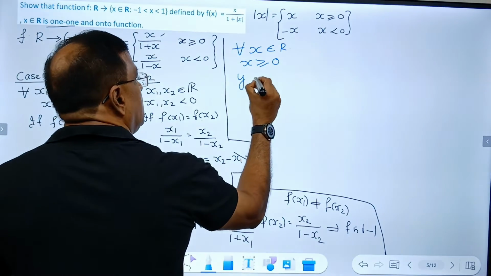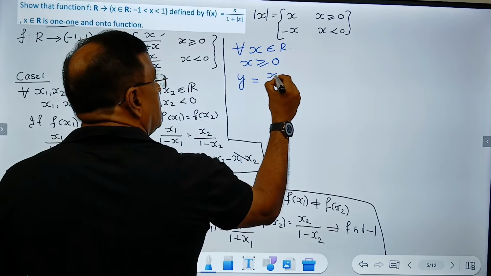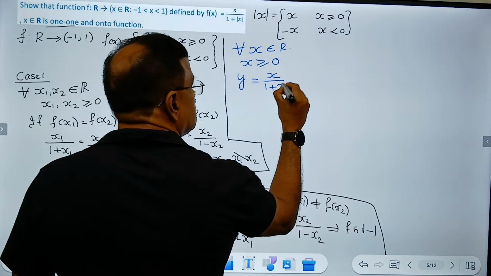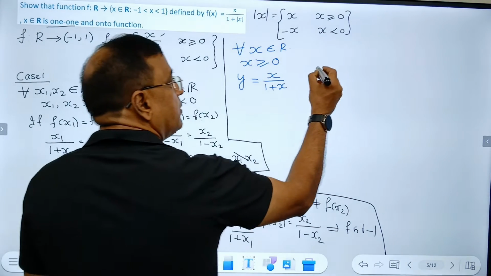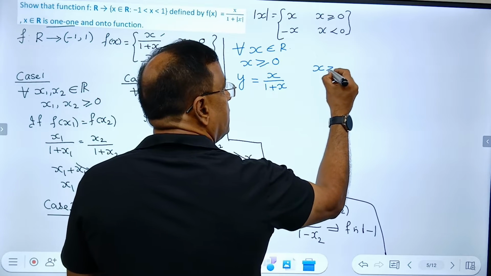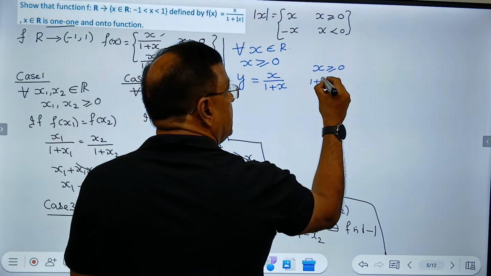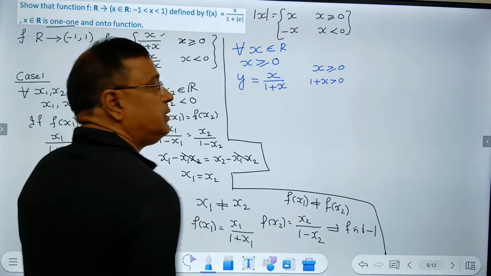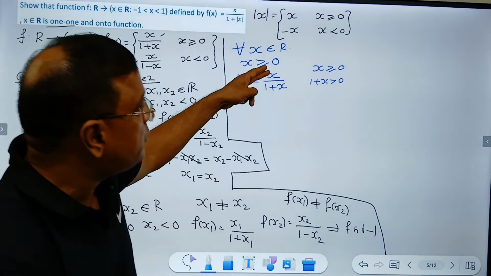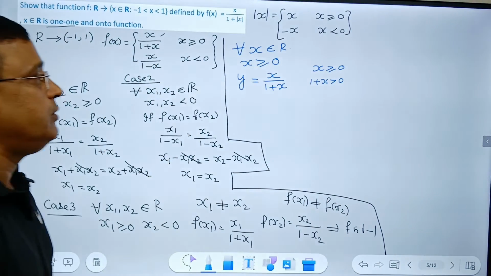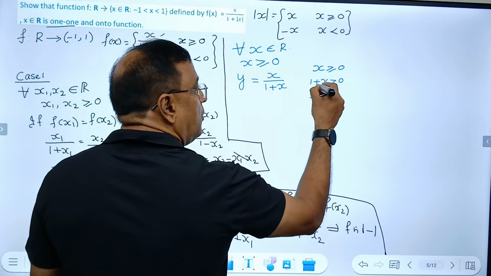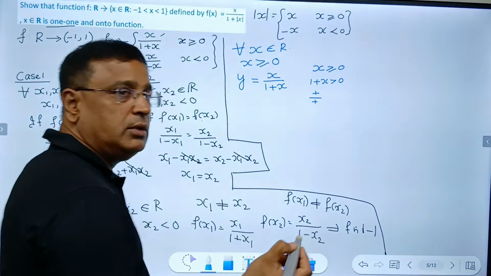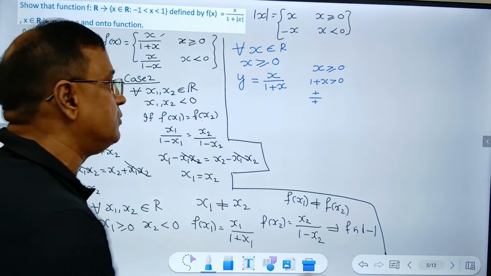So my y equals x by 1 plus x. Correct? x by 1 plus x. Now x is positive and definitely 1 plus x will also be positive, right? If the numerator is positive and the denominator is positive, obviously the fraction will be positive, so that fraction has to be greater than 0, right?